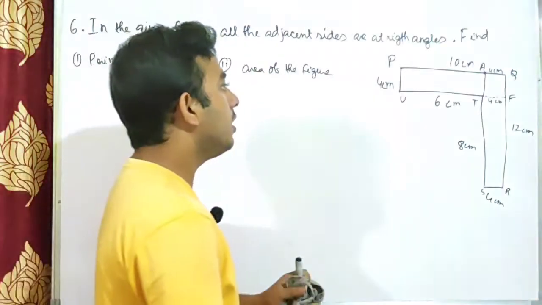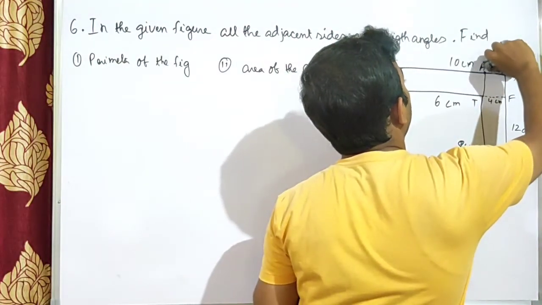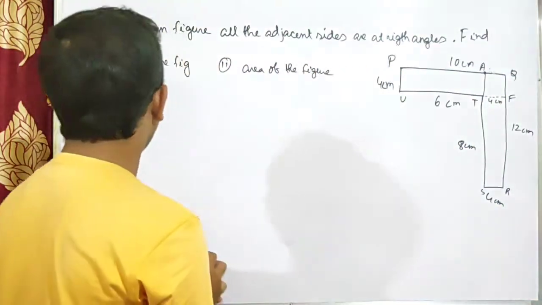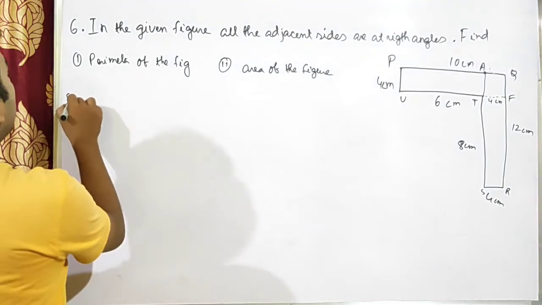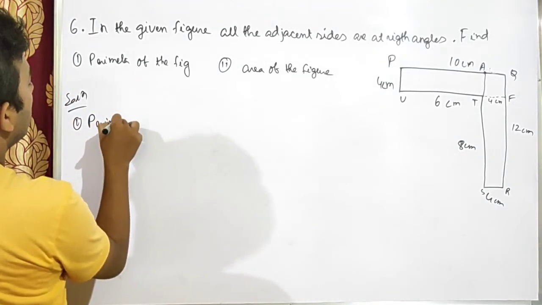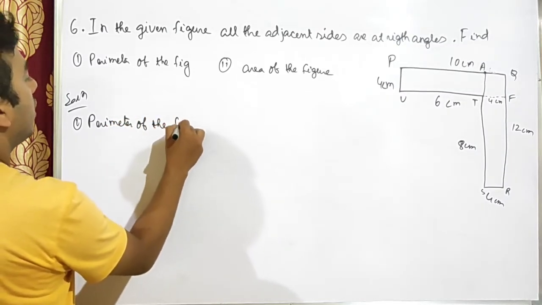So now we can easily find the perimeter of the figure. First we will write the solution, number 1, perimeter of the figure.